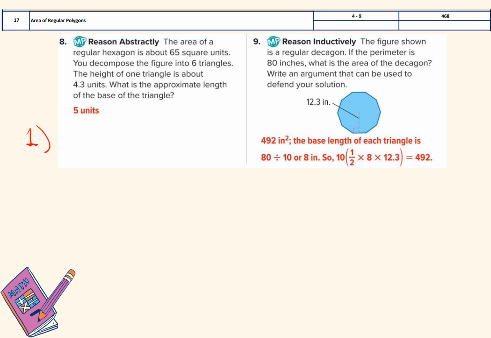I'm going to divide 65 by 6 in order to find the area of one triangle. So in this case it is going to be 10.83. So 10.83, this is the area of one triangle.